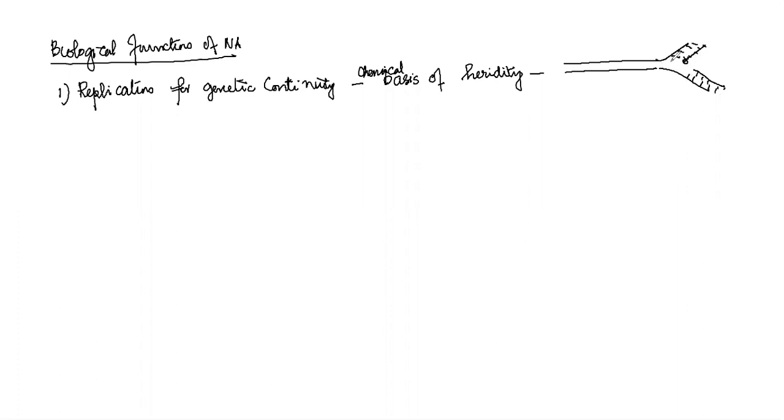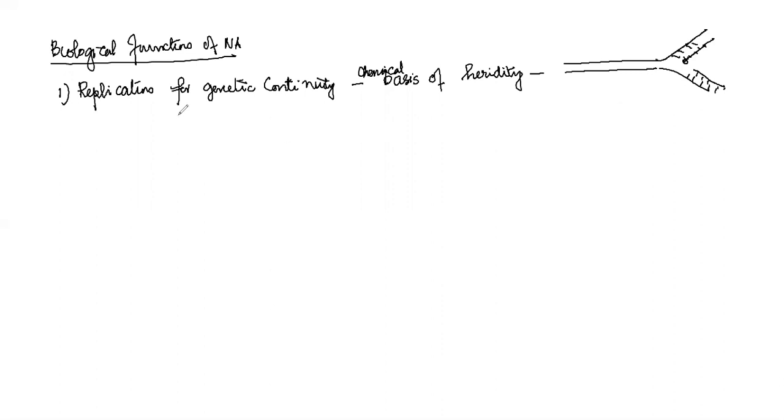And once this separation and formation of the complementary chain is completed, then these two will form two nuclei inside the cell. And once they form two nuclei, the cell further divides into two.